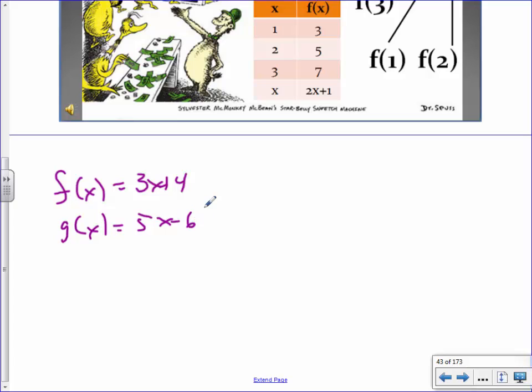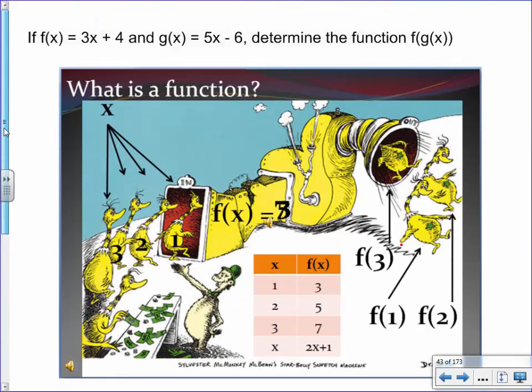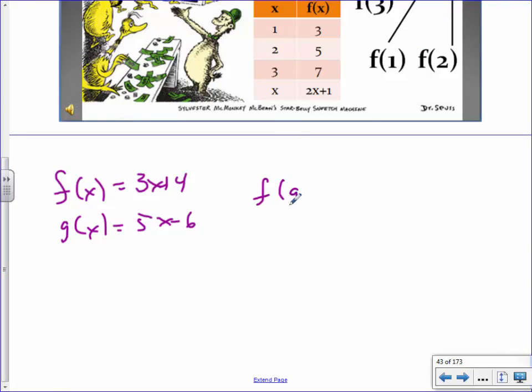Okay, so here's my equations. And I'm going to ask you to do f(g(x)). So let's start with the g(x) equation. What is my g(x) equation? It's this guy right here, 5x - 6. So I'm just going to write that out here. When I'm done with that, I'm going to plug that into the f(x) equation.